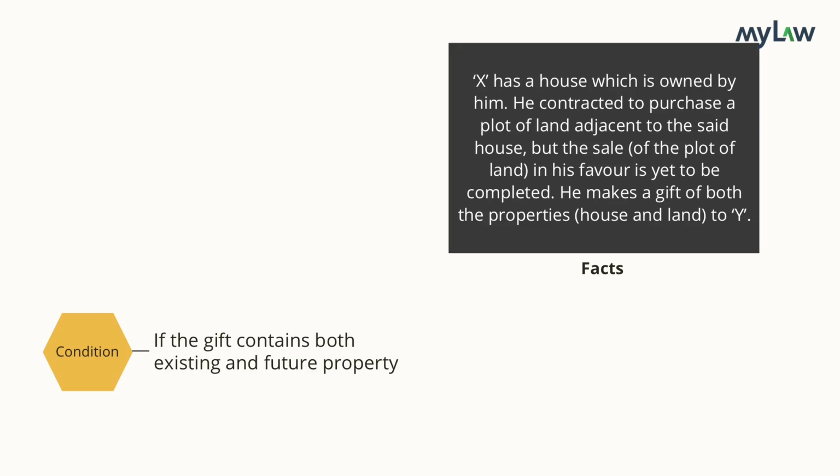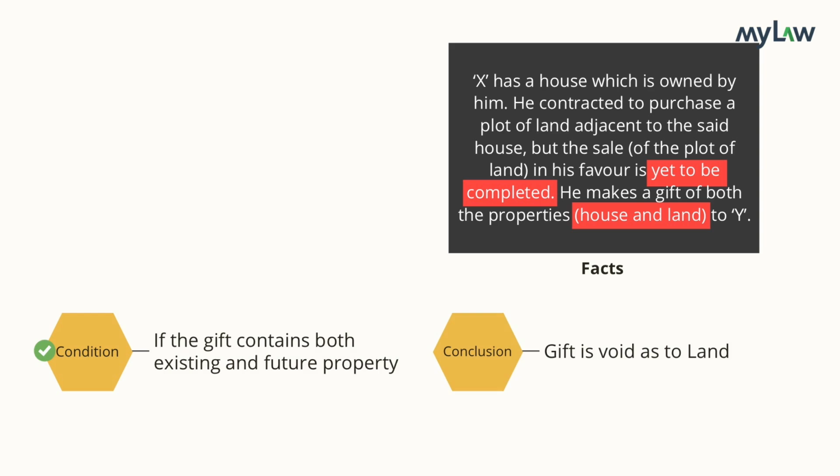Let's apply the facts. Does the gift contain current and future property? The answer is yes. There is the house that belongs to X and the plot of land that is not yet owned by X. The plot of land is future property. The house is current property. What's our conclusion? The conclusion follows that the gift is void as to the plot of land.